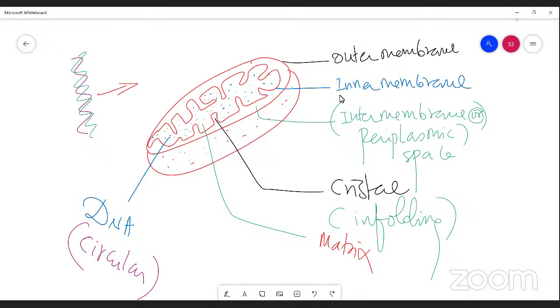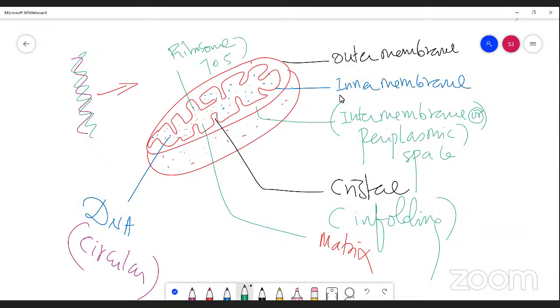Okay. In addition to that, some ribosomes are also present. It consists of ribosomes, particularly the 70S type of ribosome. DNA is there and ribosome is there. Both of them are found in mitochondria.